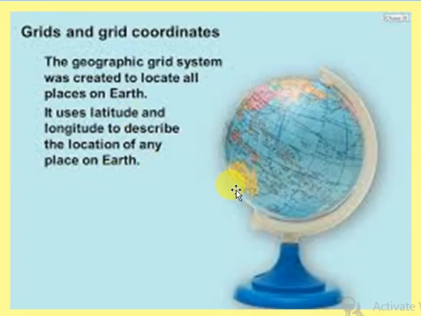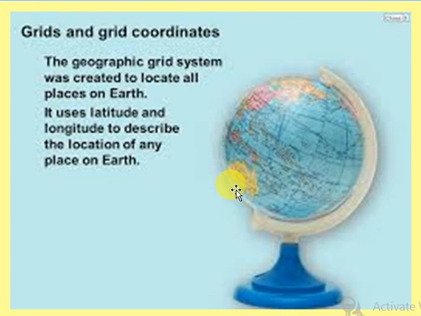In the previous module you have already learned about latitudes and longitudes. Now we will go a little bit deeper into the grid system. When Eratosthenes, the Greek philosopher and mathematician, made his calculation of the Earth's size, he made another important contribution.